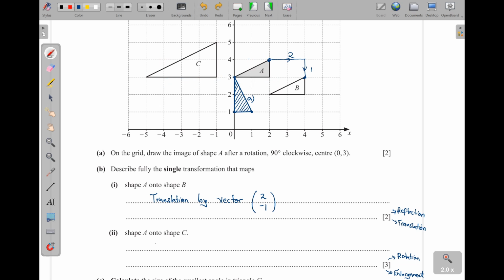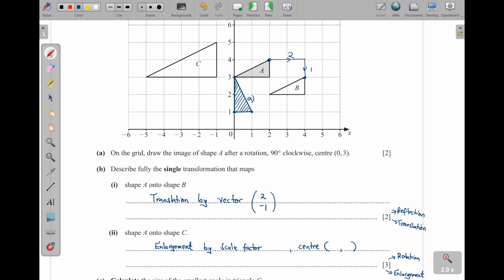So we shall say this is enlargement by, you have to give us the scale factor. The scale factor so and so, then center. Which one is the center? You give us the coordinates of the center.